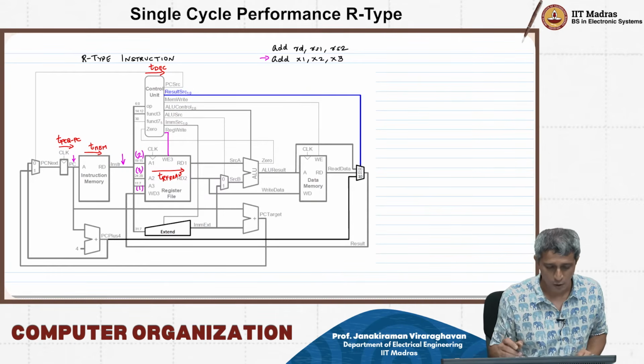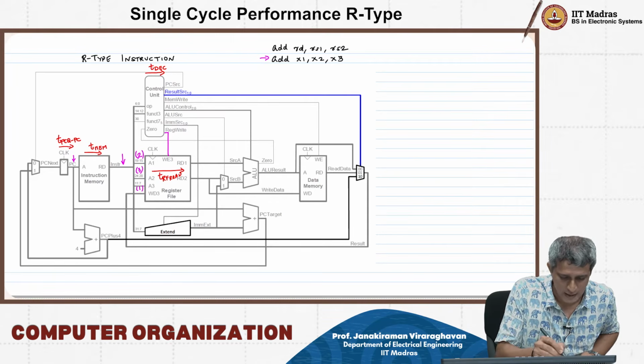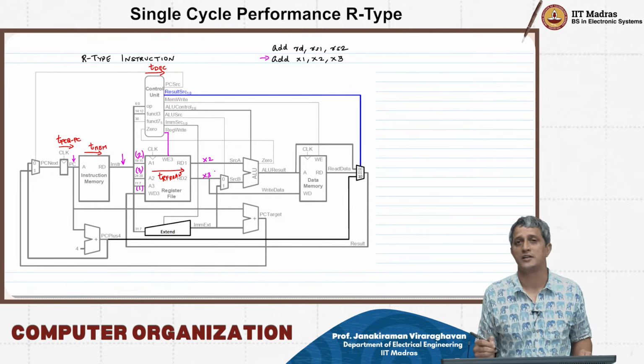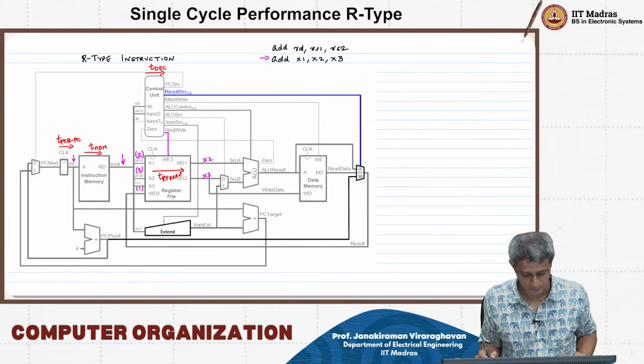So therefore, the data sitting in X2 will be available here, then the data sitting in X3 will be available at this point, after T RF read delay.